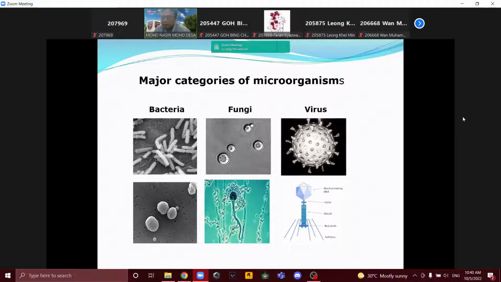So that's a problem. So basically, to simplify everything, because it's only one course to cover everything, the major categories that I want to emphasize for the course, there are only three. There are more than three actually, but these are the three most dominant groups that are common in causing diseases: bacteria, fungus, and viruses. Among these three, we will be talking more on bacteria and virus.